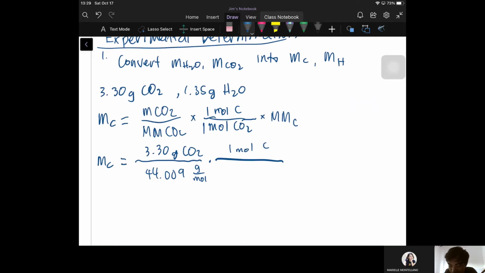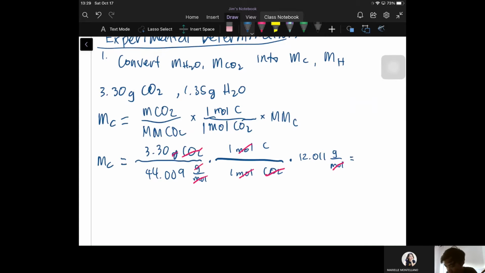We have 1 mole carbon, 1 mole CO2. Molar mass ng carbon is 12.011 grams per mole carbon. So as you can see, carbon dioxide will cancel out. Grams, magka-cancel. Mole, magka-cancel. Yung mole, magka-cancel as well. So, giving us the final unit of grams.